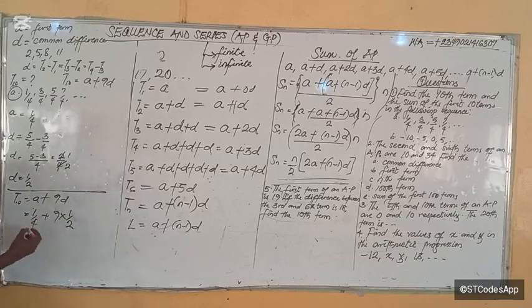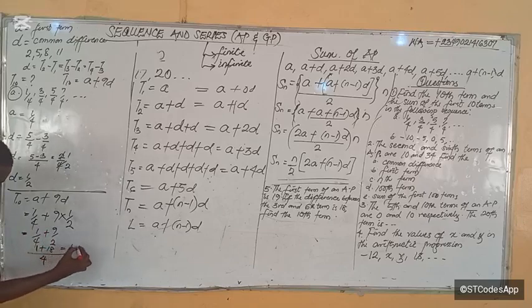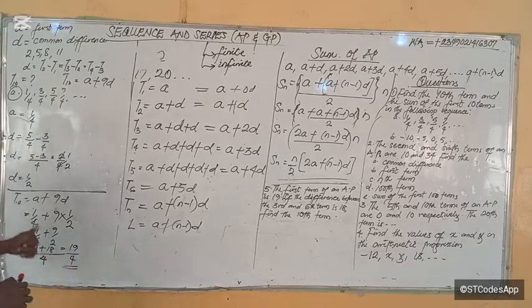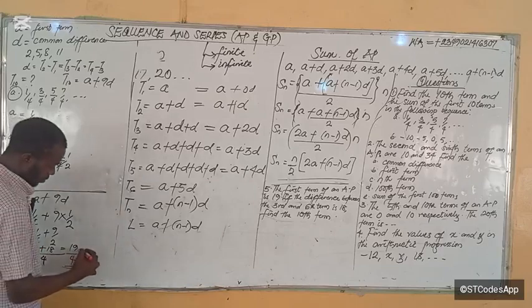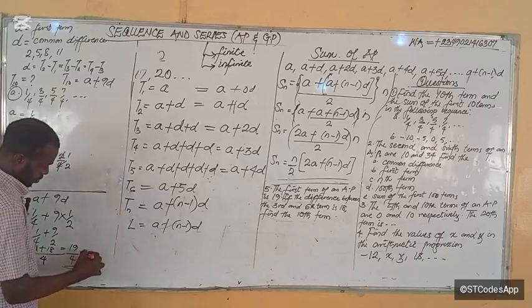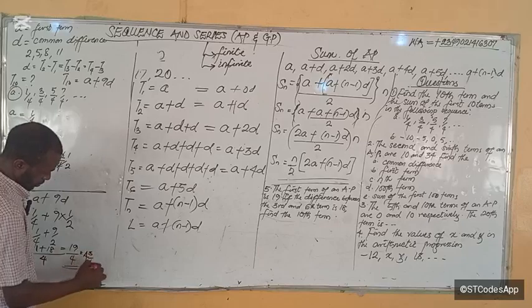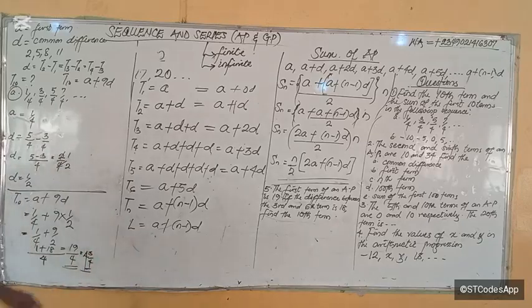So I have 9 over 2, equals 1 over 4 plus 9 over 2. What is the LCM? 4. Here 1 times 1 plus 2 times 9, which is 18. So the answer is 19 over 4, and that will be our T10. Or 4 whole number 3 over 4. To present it in the form in which you were given, this will be the answer.